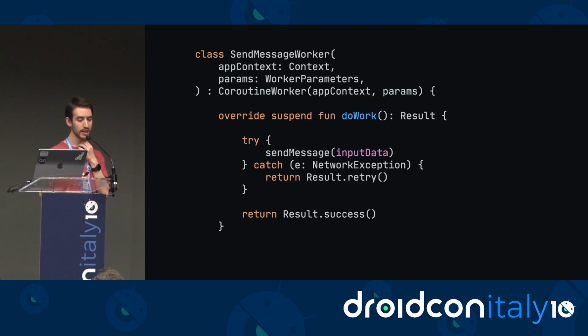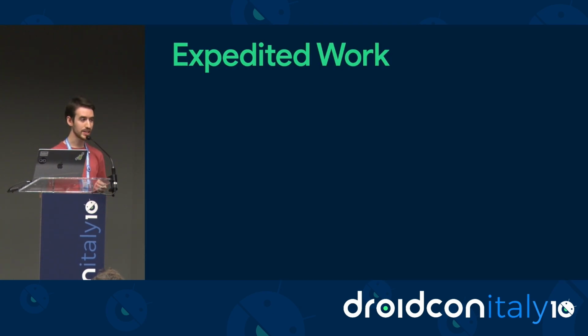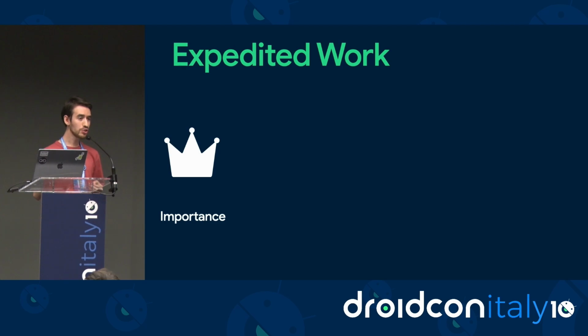To do that, you can use another feature, which is expedited work. The features of expedited work are important because expedited work is related to work that is important to the user. It's user initiated. It's fast, because it usually completes in a few minutes. They are not long.